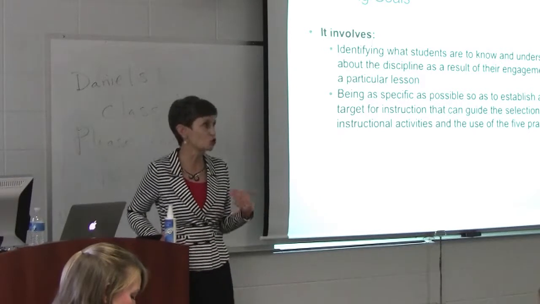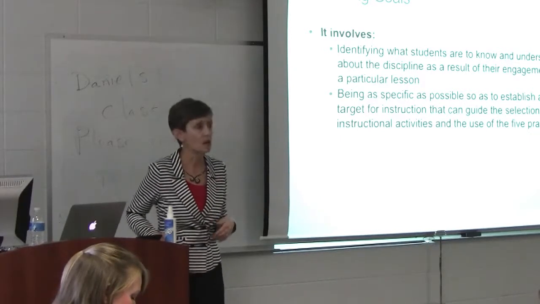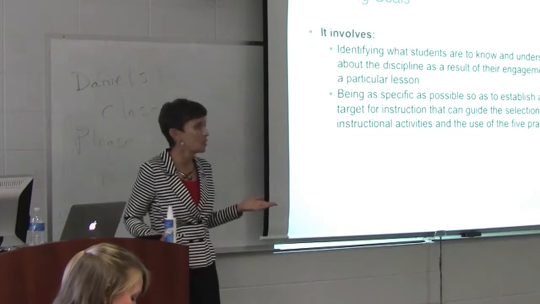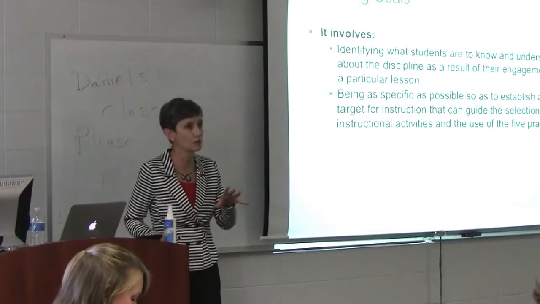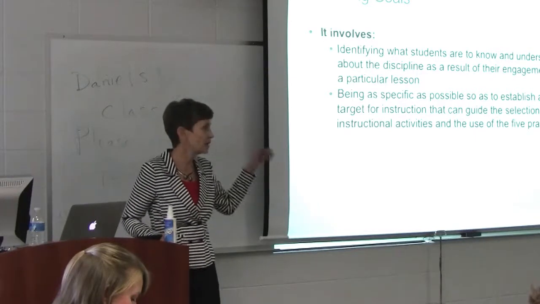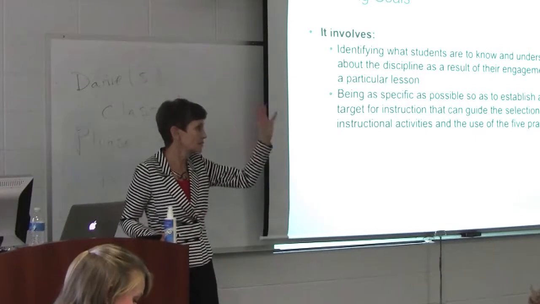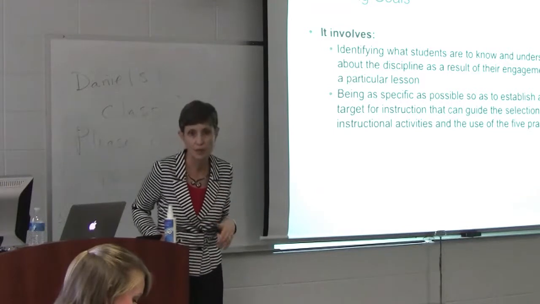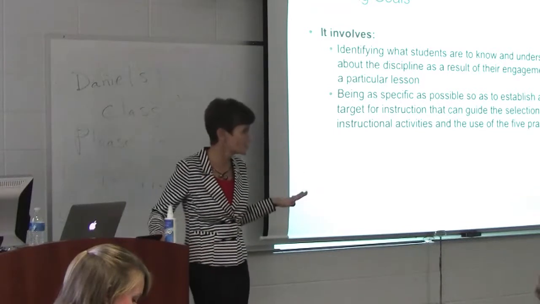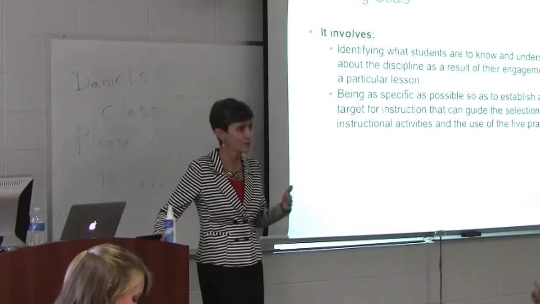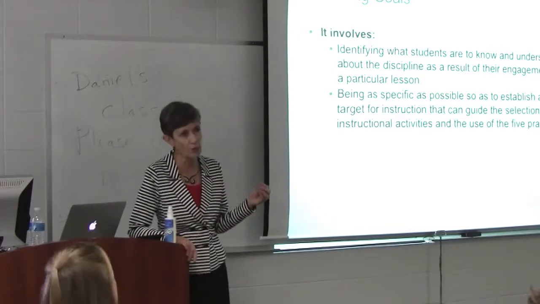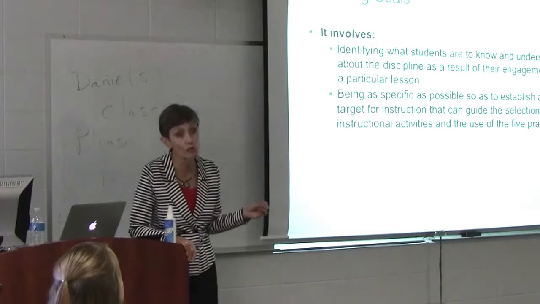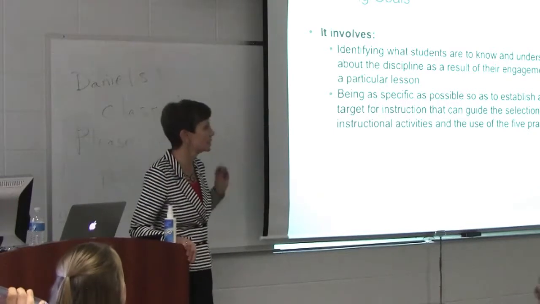It's what you want students to do. Students will use the Pythagorean theorem to solve problems where they need to find the length of sides A, B, or C. Okay? I'm not saying that's an unreasonable goal to have. But I don't think stating the goal in that way is going to do as much work for you as stating it in some other way.